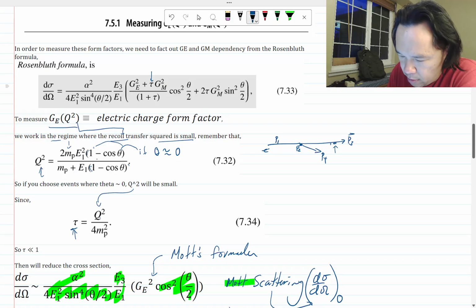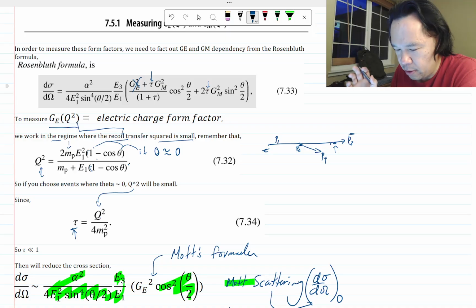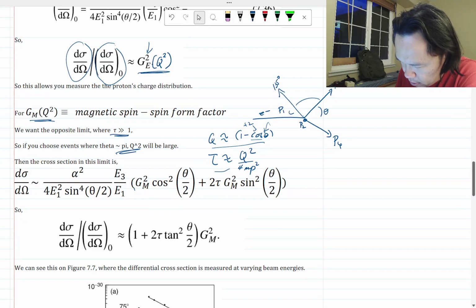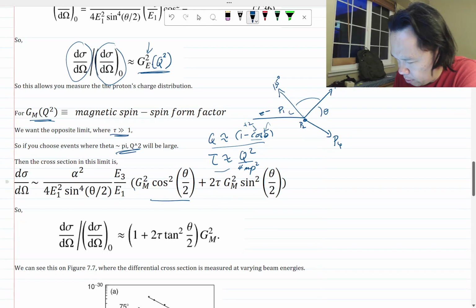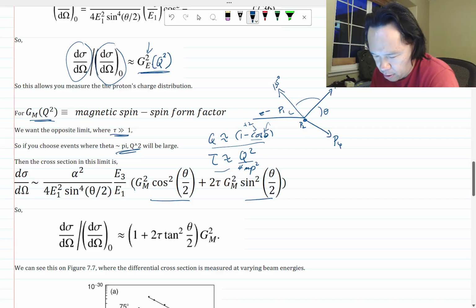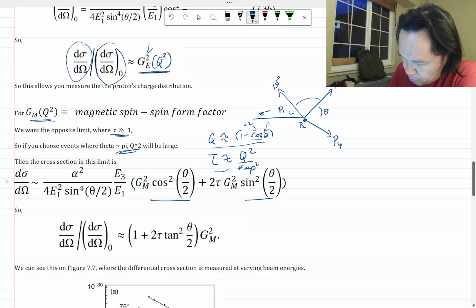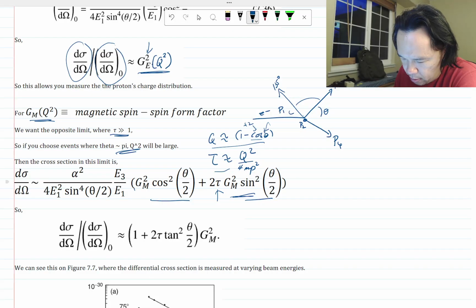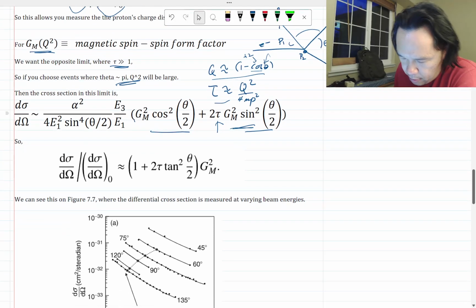This term is going to dominate over this one, and this term is not going to be negligible. So what you end up with is both the cosine squared part and the sine squared theta part, where since tau is this much larger number, this is going to be the term that dominates.